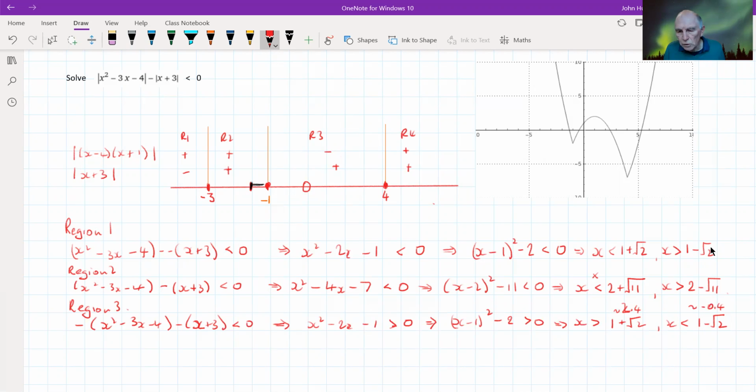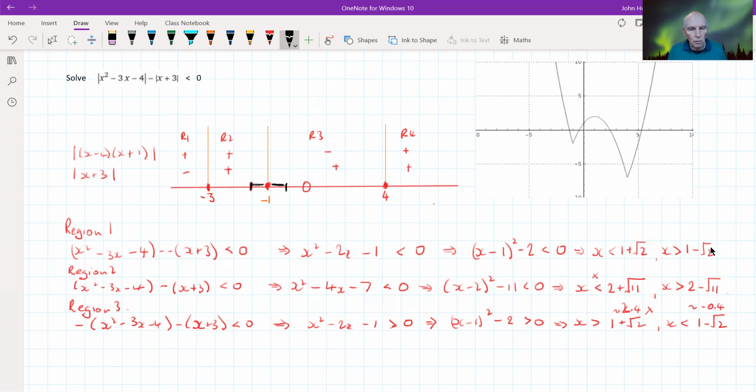Now, 2.4 is outside our region, but negative 0.4 is in our region. It's going to be about here. So what we're saying, stick to black, is around about here. It's going to be this region here.